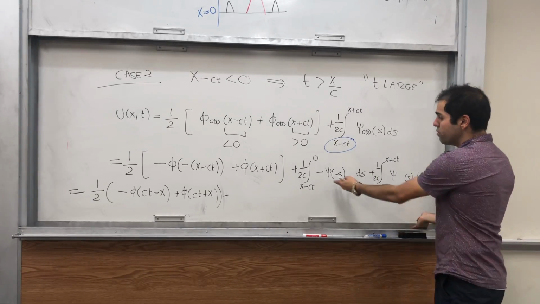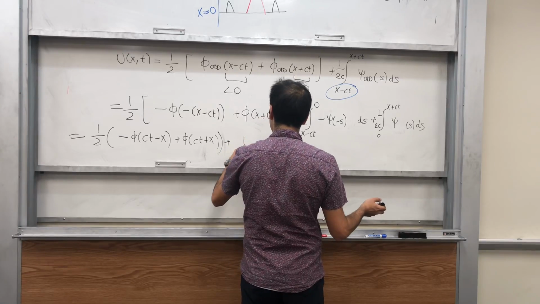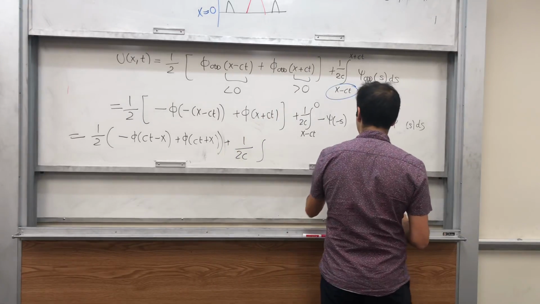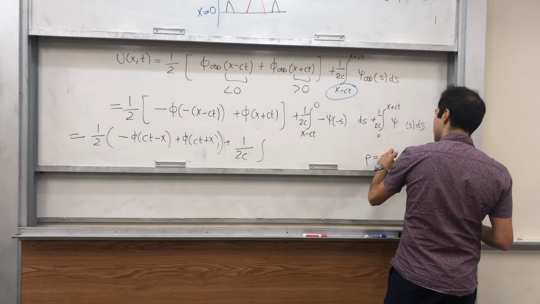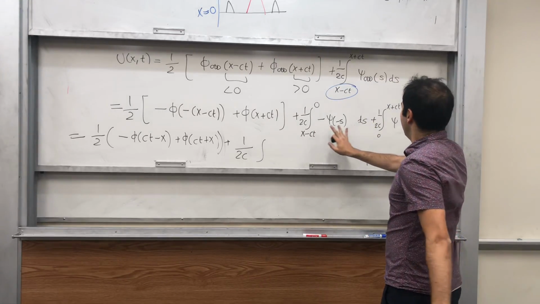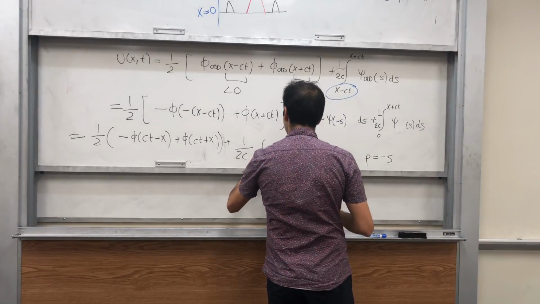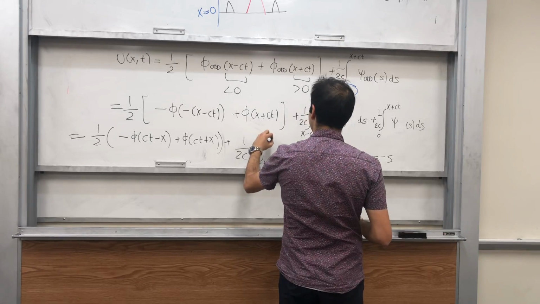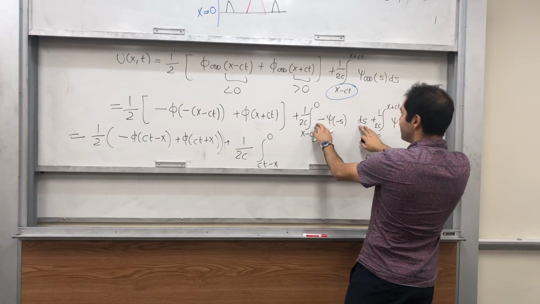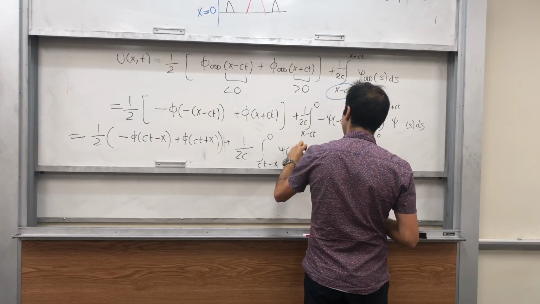Now, here we just use a u-substitution, so it's 1 over 2c, and if you want, p equals minus s. If you do minus s here, this becomes ct minus x, and then this is 0, and minus ds becomes minus dp, so psi of p dp.